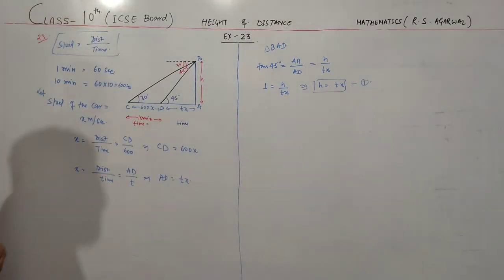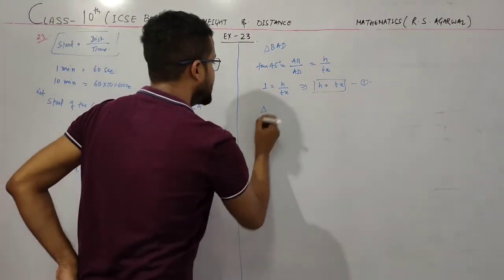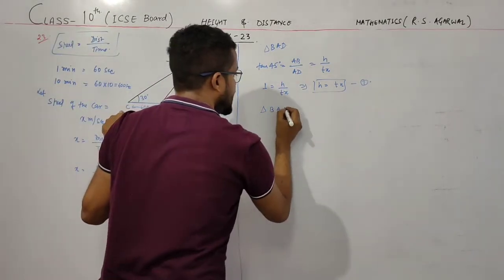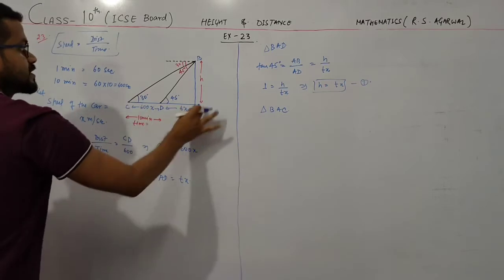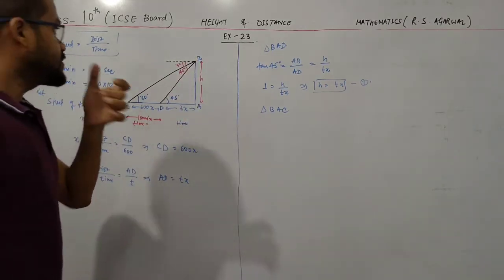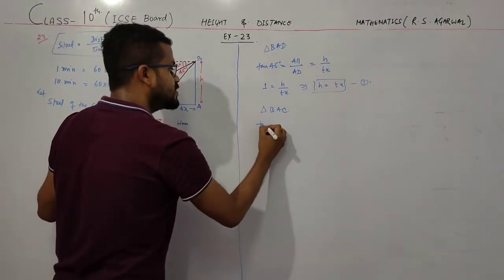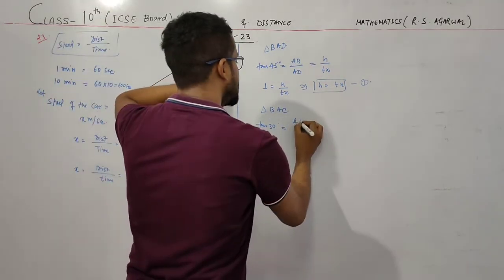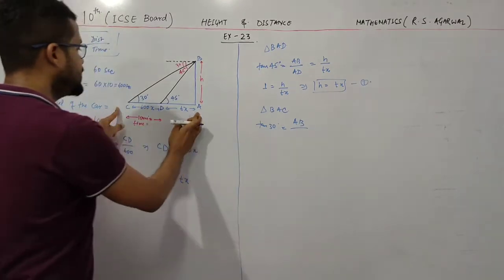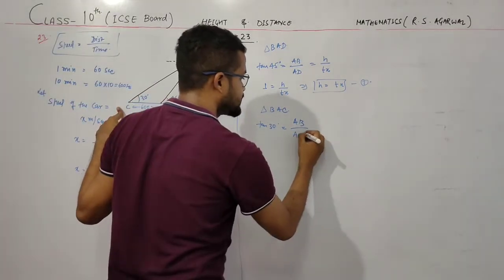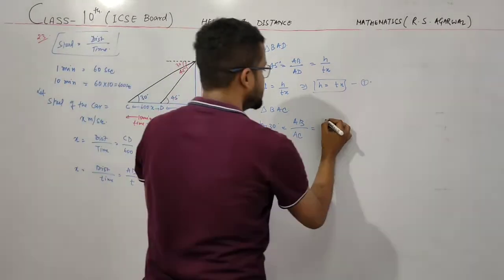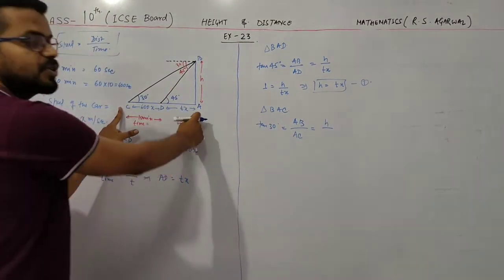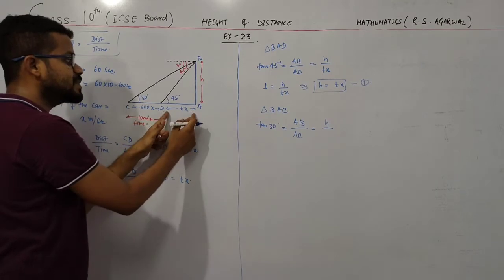Okay. Now again I use the other right angle triangle, which is BAC, the larger one. Here the angle is 30 degrees. So tan 30 degree is equals to height AB upon the base, which is AC. So AB is equals to h and AC is the total distance, which is 600x plus tx.